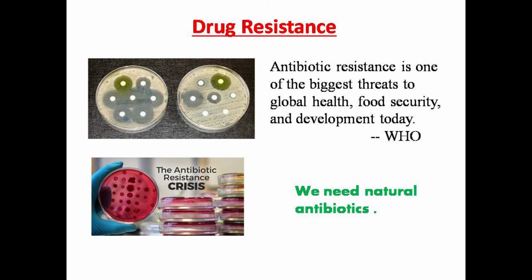Like antibiotic resistance. That is one of the biggest threats to global health, food security and development today. This comes from the website of the WHO. So drug resistance is a big problem.